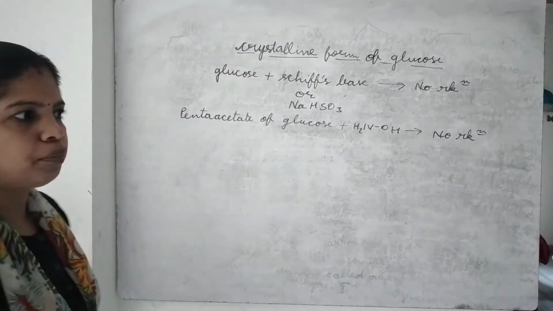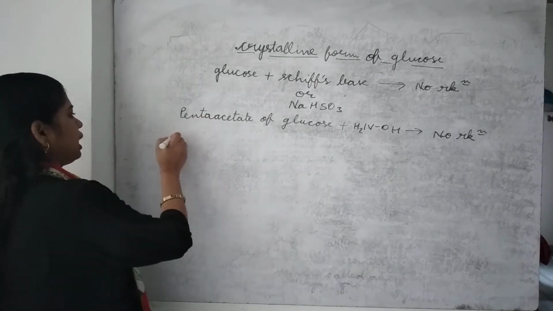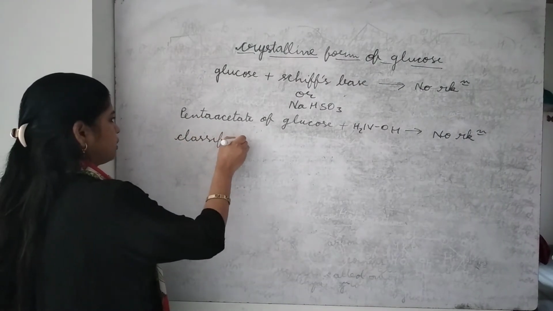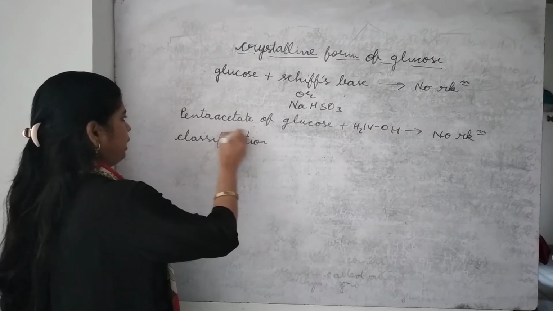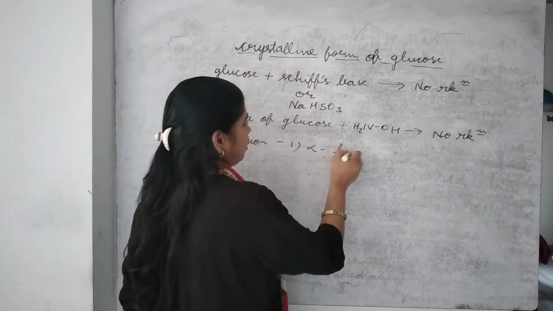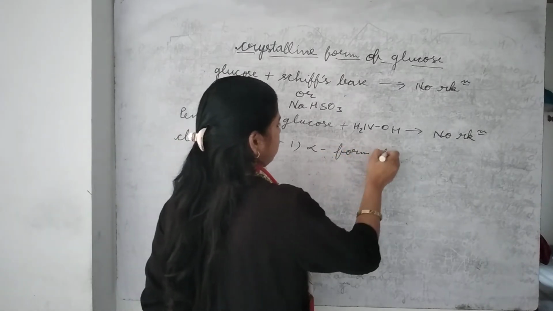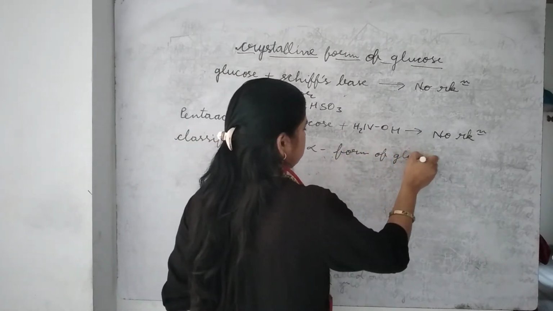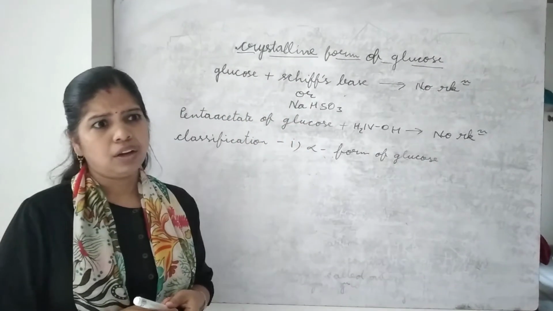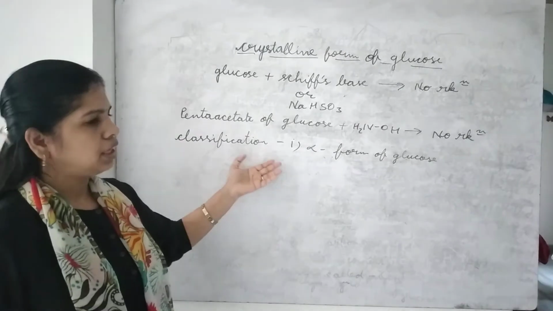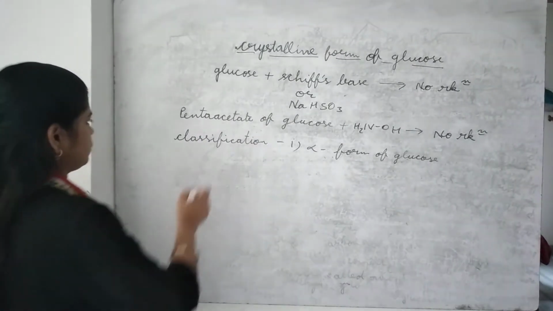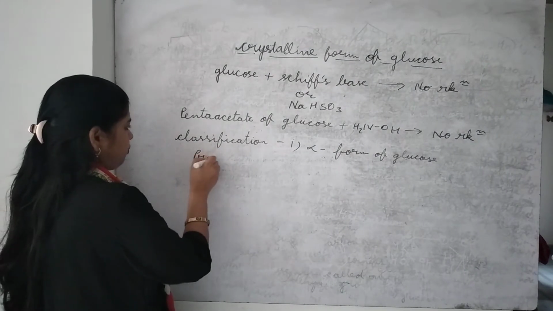The crystalline form of glucose is mainly classified into two types. First one is the alpha form of glucose. The alpha form of glucose is prepared from a concentrated solution of glucose.